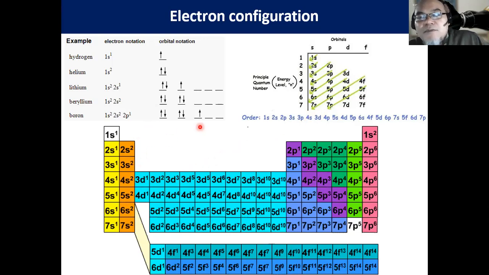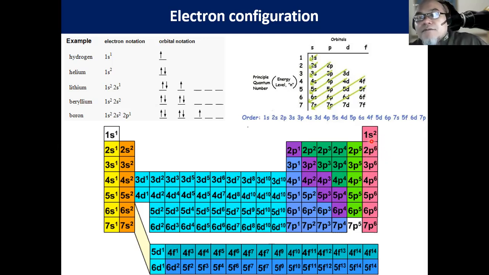On the other hand, opposite to this one, we have the last column, the 1, 2, 3, 4, 5, 6, 7, 8, the eighth column. These are atoms whose outermost subshell is completely filled.